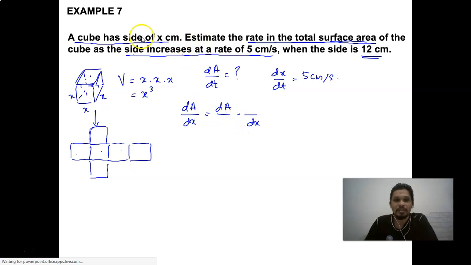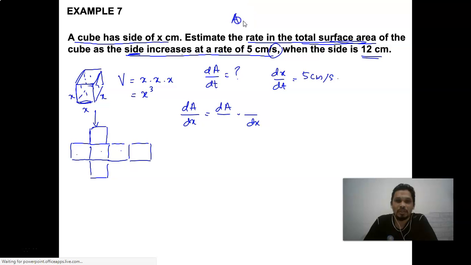Because there are three things that we need to consider here. The first is the total surface area, meaning that we're talking about the surface of this cube, A, and also the side, which is x, x, and x here, at the rate of 5 centimeter per second. Then we have to do with the time.